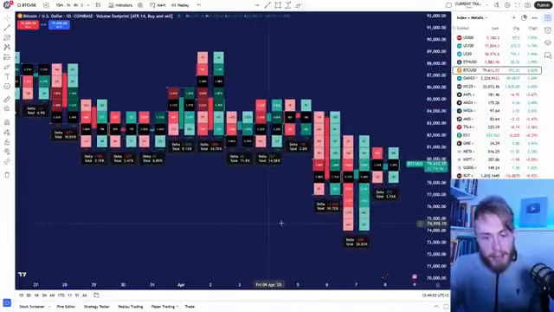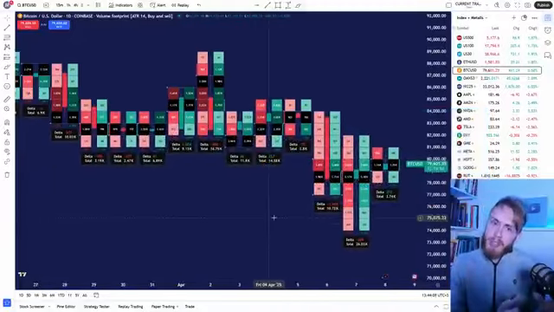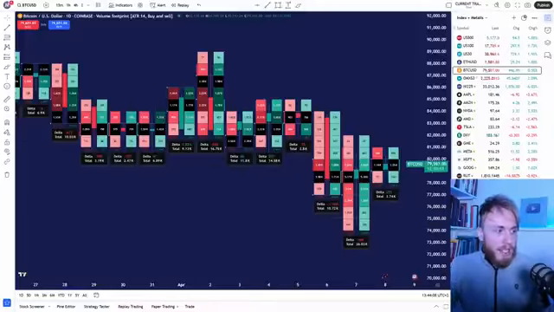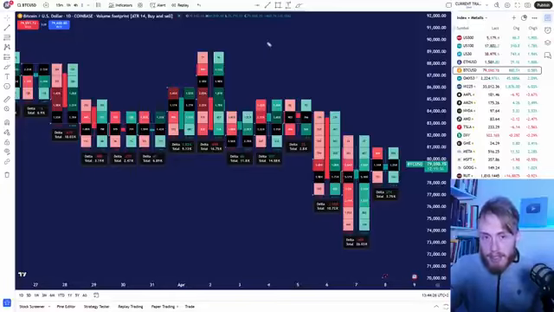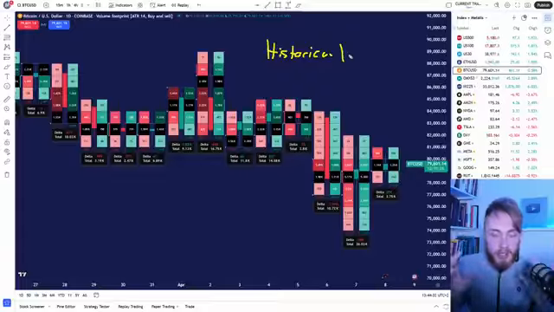But in simple terms, what the volume footprint chart basically shows you is historical volume at certain levels. So how you can think about this is basically that this is historical order books that you can see on the chart.